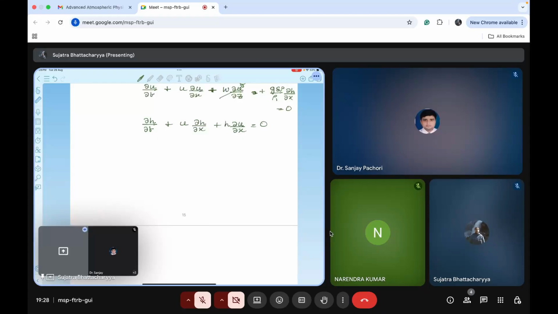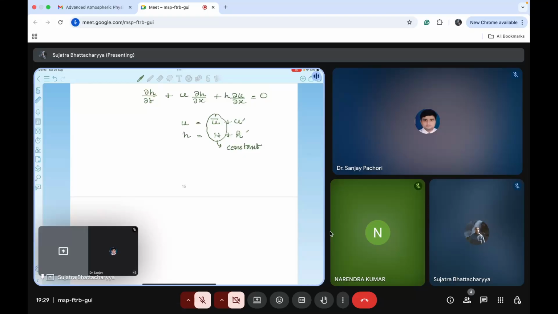Now you apply the perturbation method. So u is equal to u bar plus u dash, and h is equal to h bar plus h dash, assuming that these are constant. I am not deriving everything, just like the previous acoustic waves, same way.